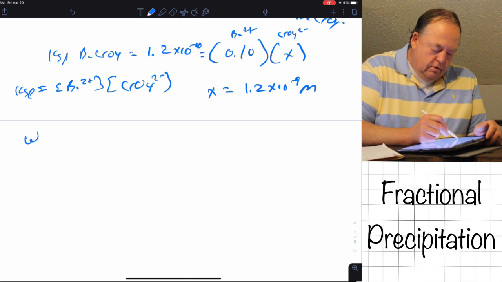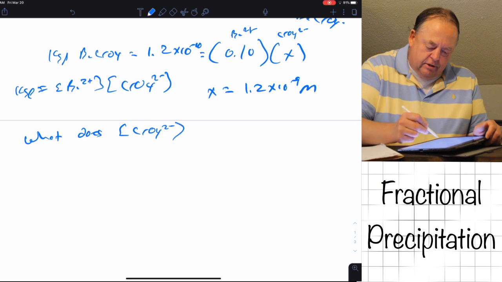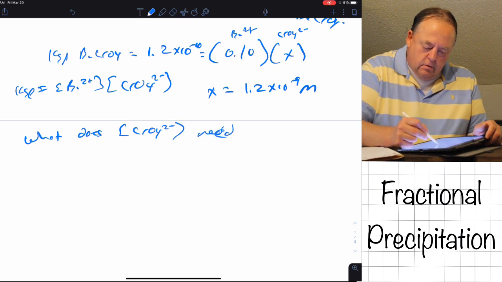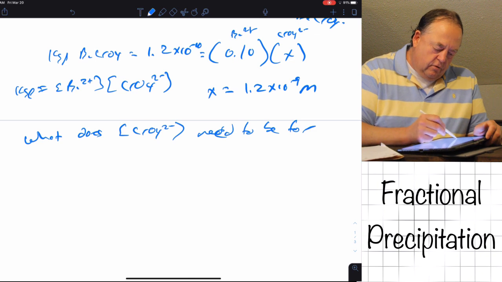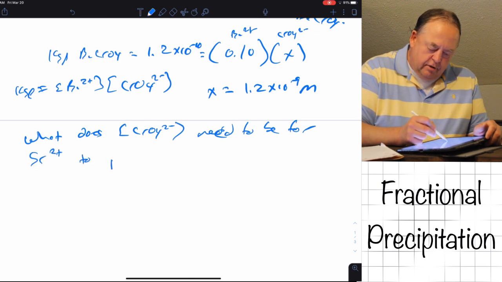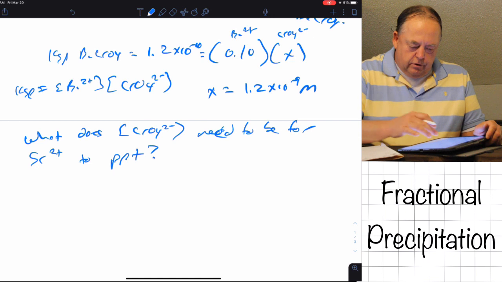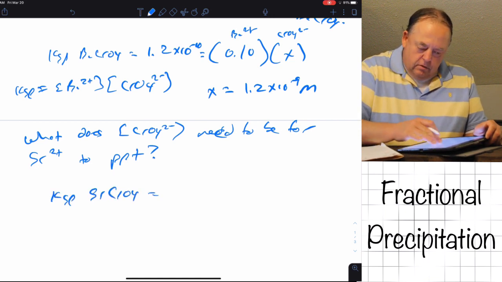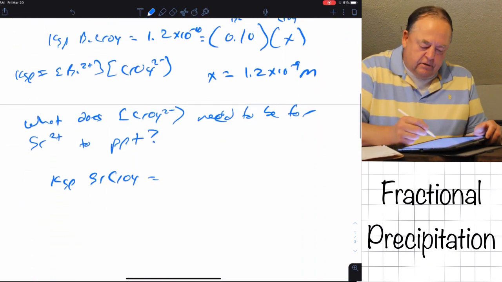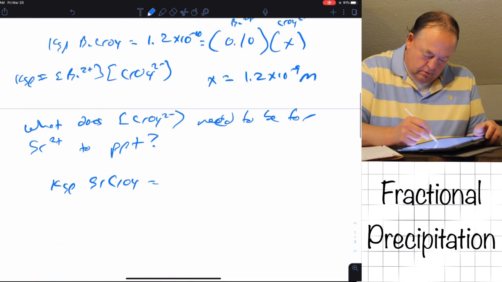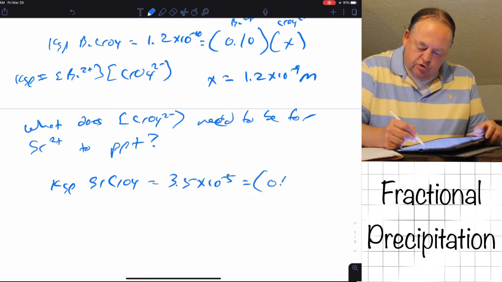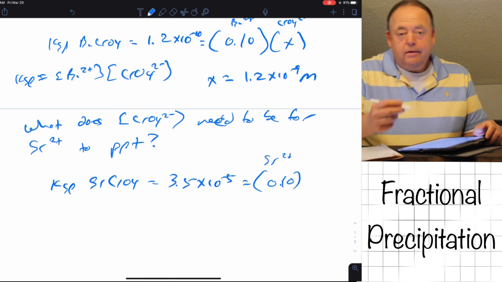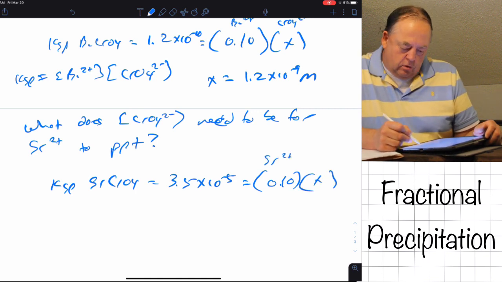And what does the concentration of CrO4 2- need to be for strontium to precipitate? We do the same thing. We take the KSP for strontium chromate, which was given, 3.5 times 10 to the minus 5, and the concentration of strontium in the solution is 0.1 molar. So what does chromate need to be?